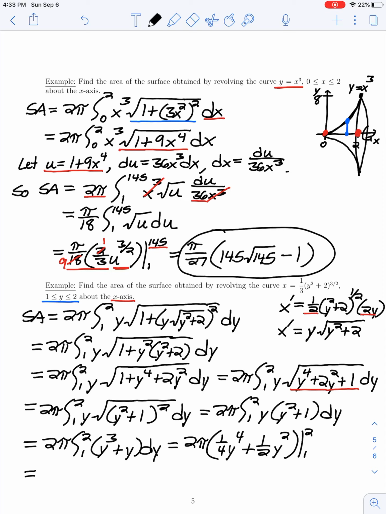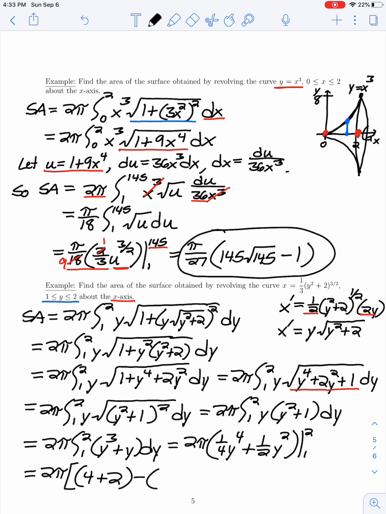So let's see what we're left with. We have a constant 2 pi out in front, and then we are multiplying by the value of our antiderivative at y equals 2. So here we would have 2 to the 4th, or 16 times 1/4 is 4, plus 2 squared would be 4, taking half of that gives us 2.